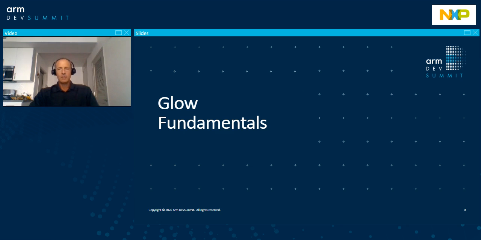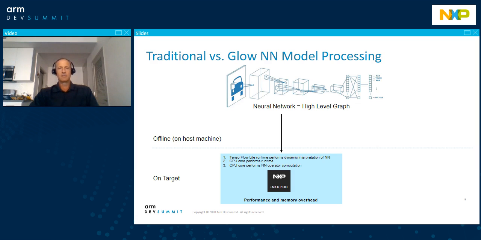Now, we're getting into some of the GLOW fundamentals. First of all, let me point out that in a typical processing fashion, a model is executed using a runtime. In this case, it's demonstrating a TensorFlow Lite runtime. The point here is that TensorFlow Lite and all runtimes, including Arm CMSIS-NN and ONNX runtime, are dynamic processing engines, and so it looks at each layer one at a time as it's processing it.